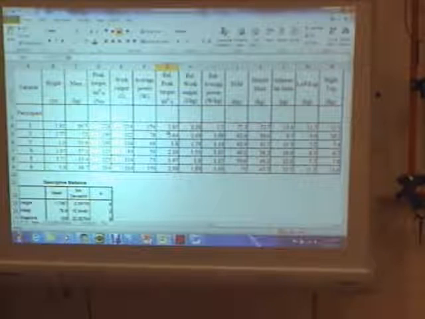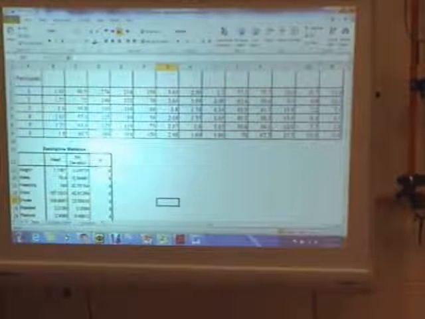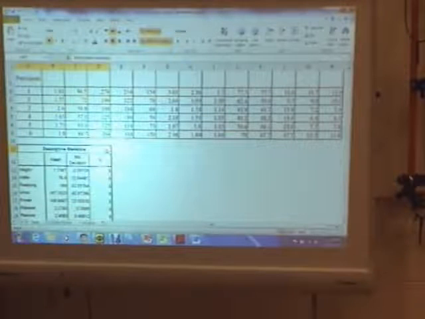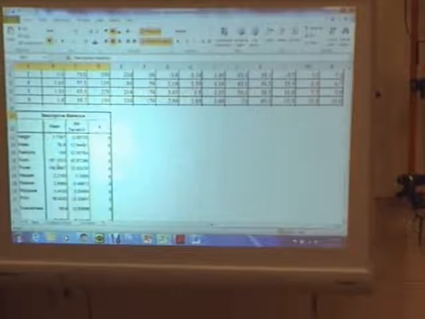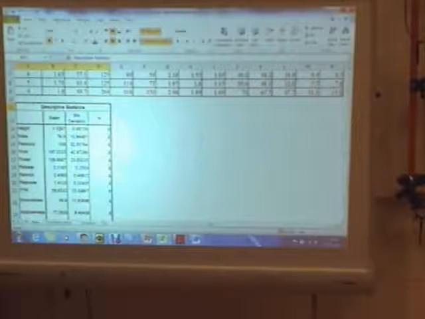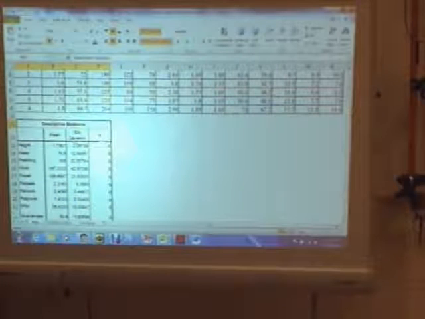Basically, anytime you first look at a data set, you want to get what they call the descriptive statistics. These descriptive statistics allow you to see what the average is, the standard deviation, and how many samples there were.